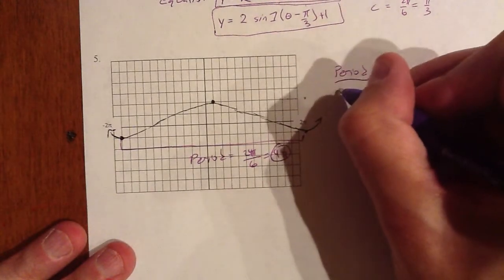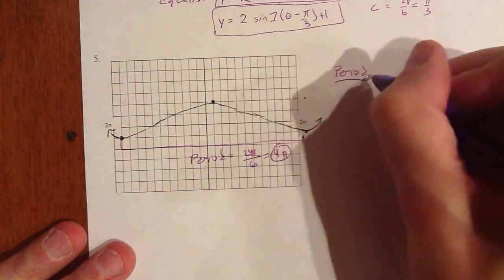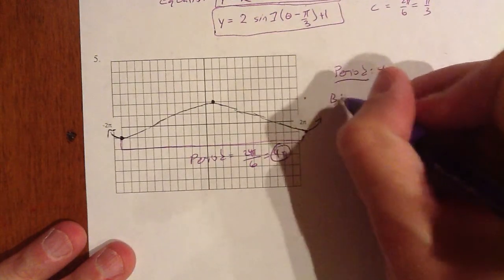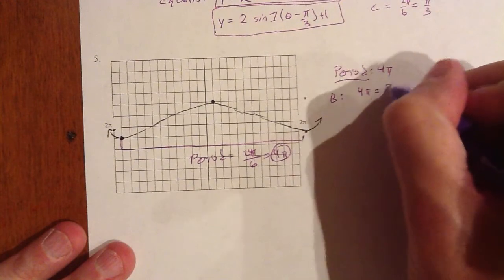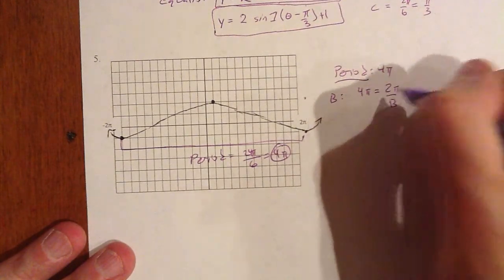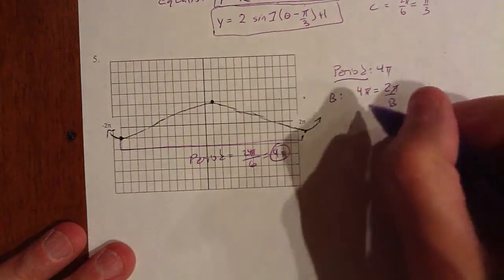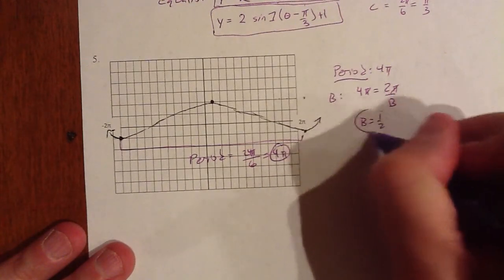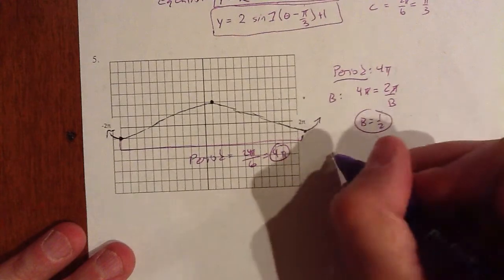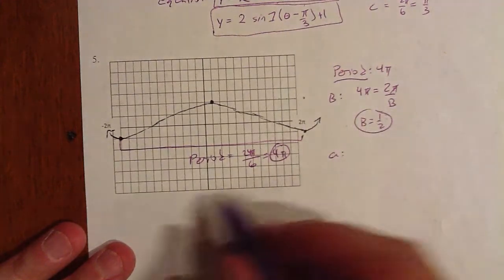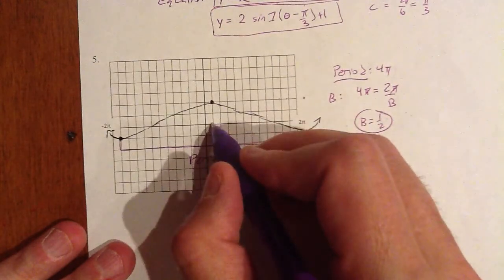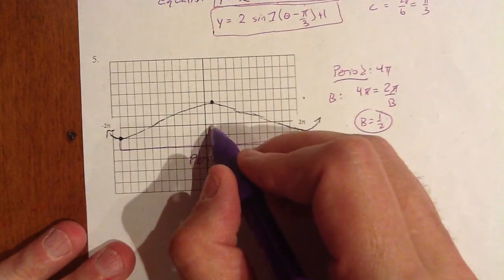Okay? So, to get B, so the period is 4 pi. To get B, we're going to take that 4 pi, set that equal to 2 pi over B. Cross multiply, the B's don't matter any. So you get 4B equals 2, so B is 1/2. To get A, we're going to look at the amplitude. So I draw my midline. So I take a look at kind of what's in the middle there. Ooh, interesting one here.